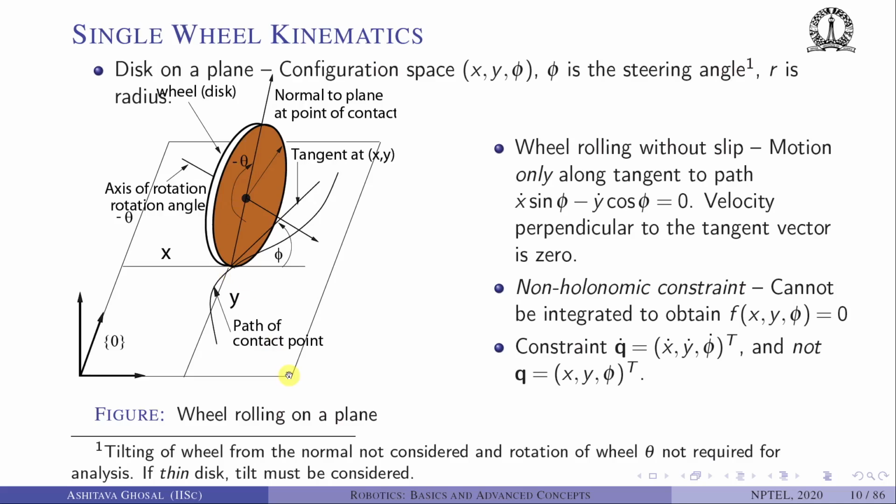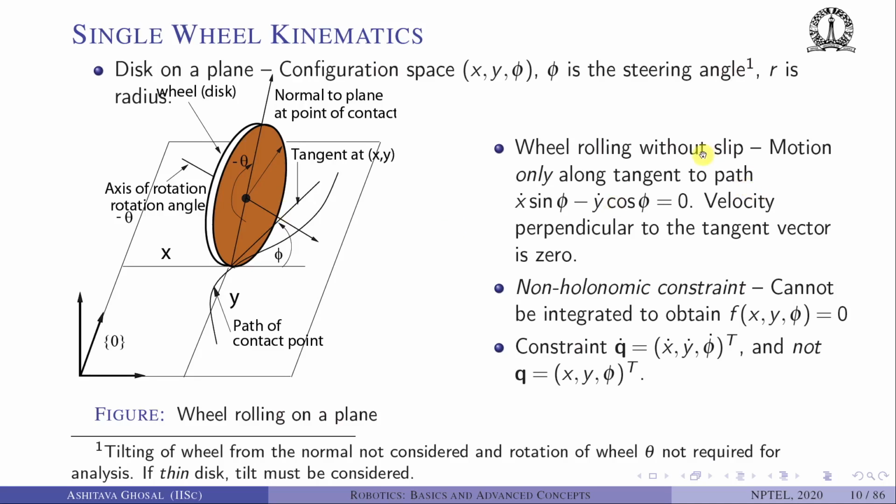If the wheel is very thin, then one more thing is required. The wheel can also tilt about the vertical axis, about this axis. Then the tilt should also be considered. The rotation of the wheel theta does not appear in the kinematics. We will see later, because we want to look at what is happening instantaneously.